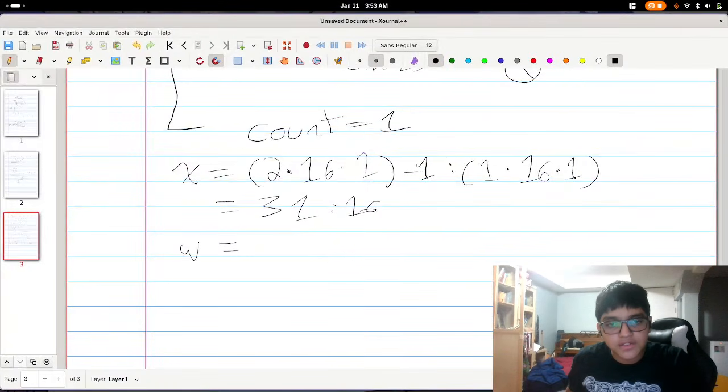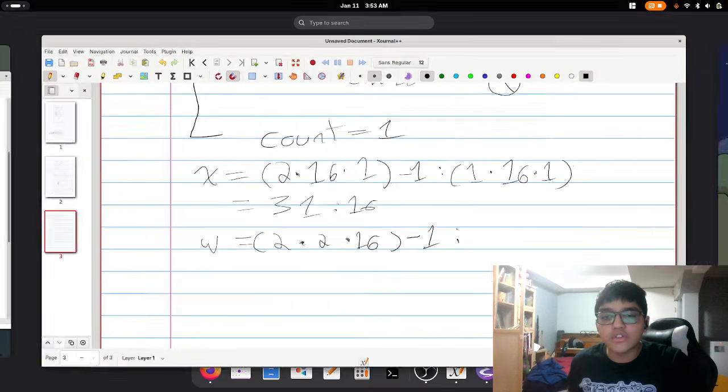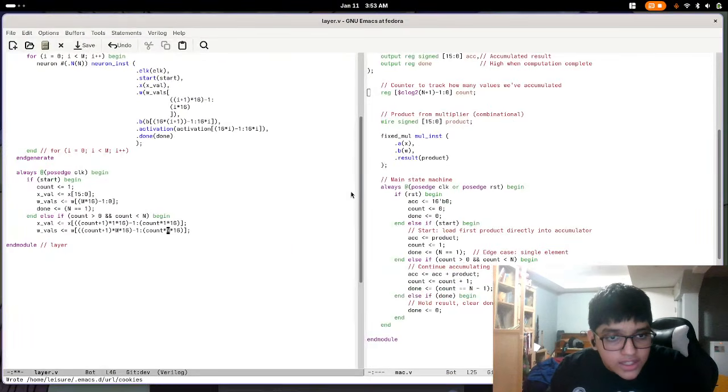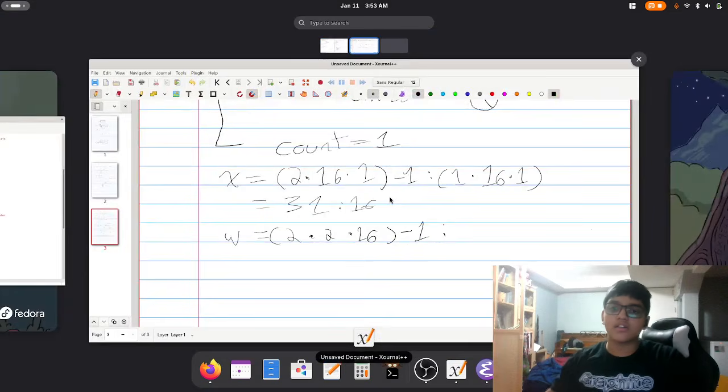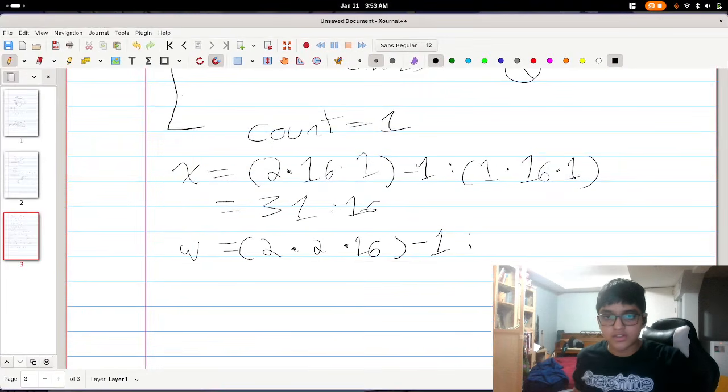That's count plus 1 times 2m times 16 minus 1 to count times m times 16. 1 times 2 times 16.